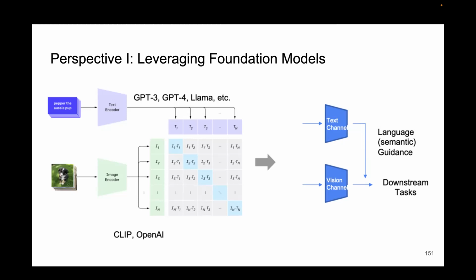While in the vision domain, of course, due to the development and success of convolutional neural networks, transformers, etc., we have also brought the understanding of visual signals to new cutting-edge levels.